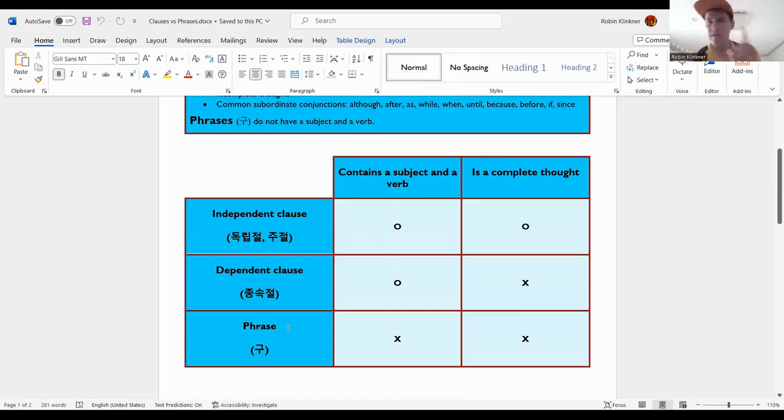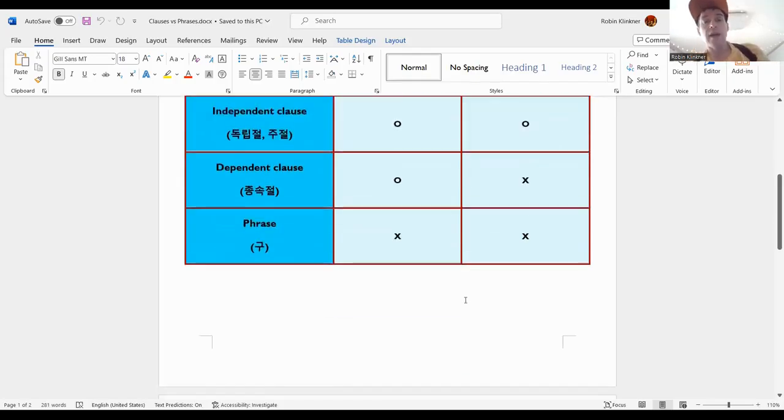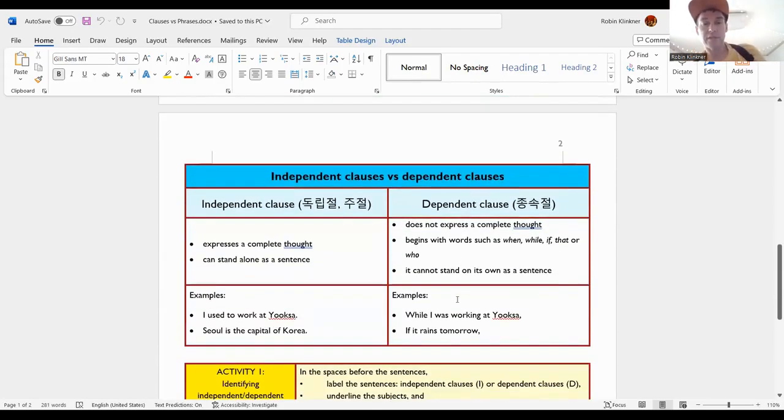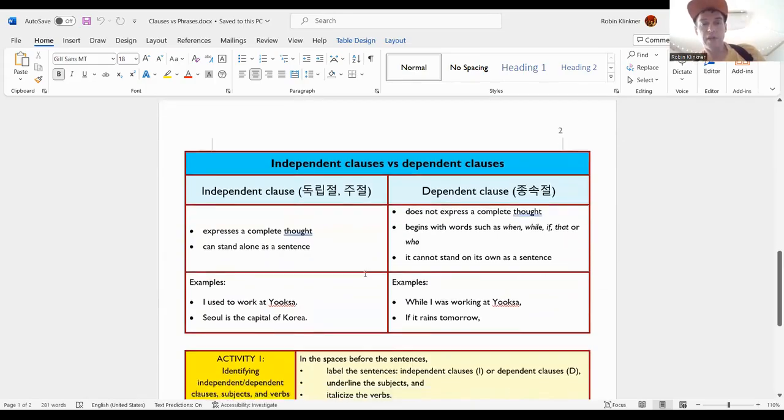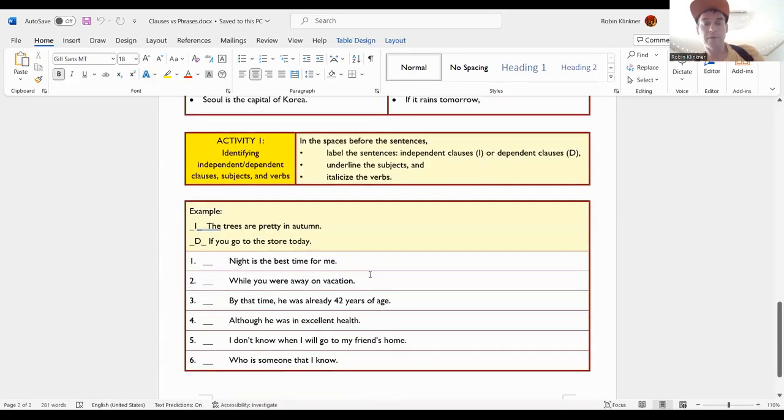A phrase does not have a subject and a verb, nor is it a complete thought. Okay. Activity 1, and here's a nice chart. Here's activity 1. So this is the activity that I'm referring to in this slide.